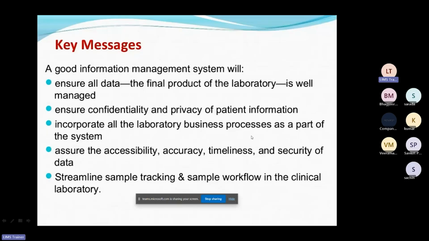So laboratory information management provides a scheduler and a timeline, and also helps to track all the activities. It also helps to streamline sample tracking and sample workflow in the clinical laboratory.